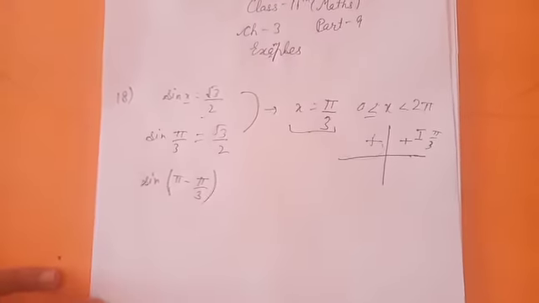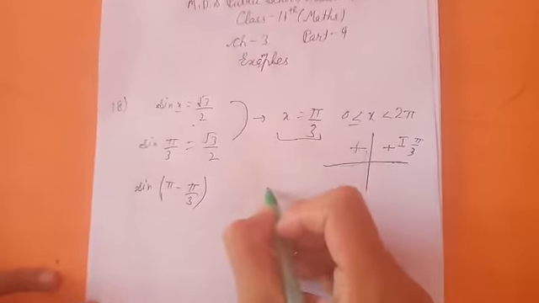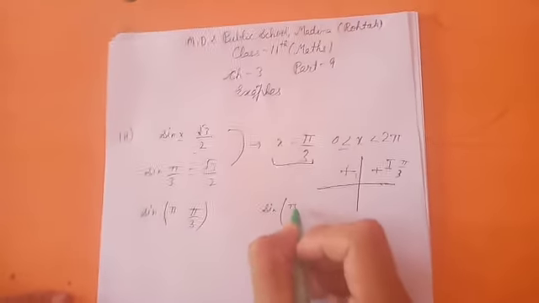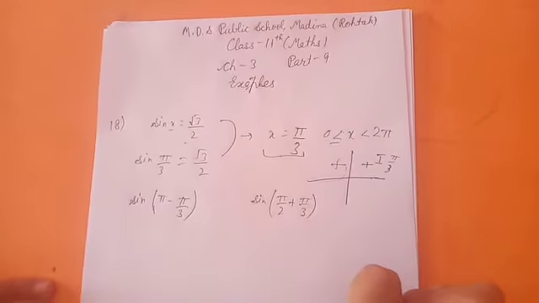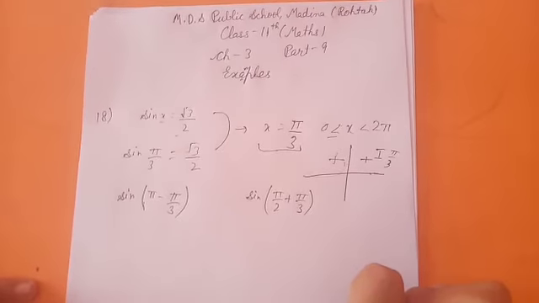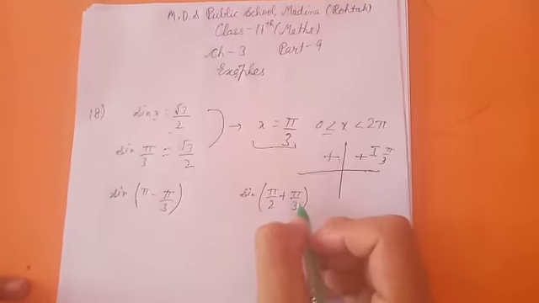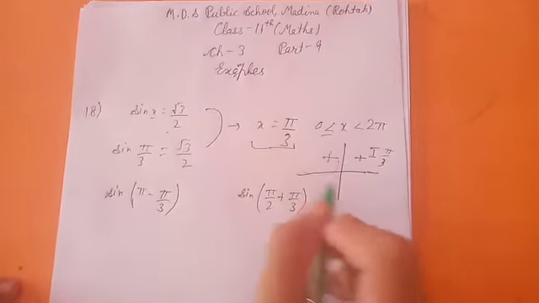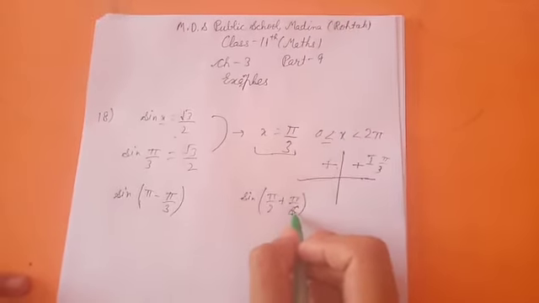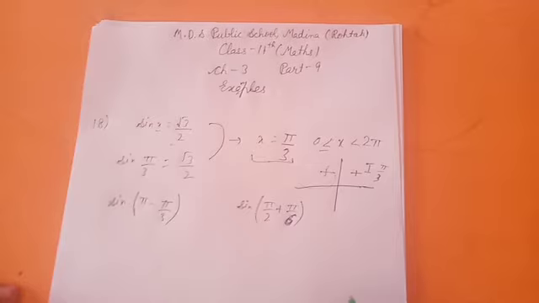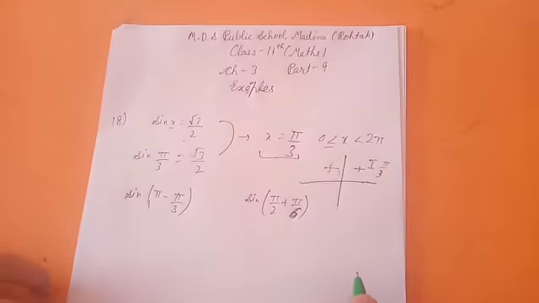Why am I writing in this way? I could write it in this way, pi by 2 plus pi by 3, or I can say in this way, pi by 6. But why am I not writing it in this way?